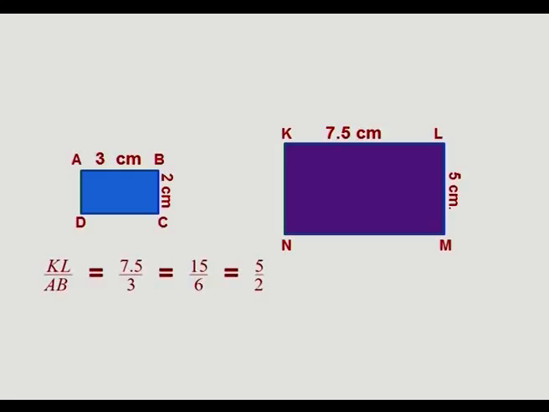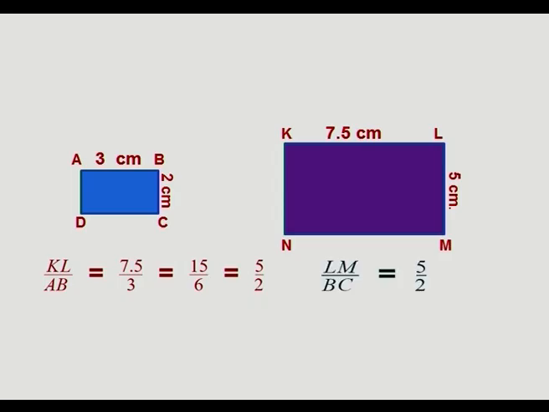Now, let us consider the two more rectangles which we are saying that they look similar. Let us take the ratio of the sides KL and AB. KL by AB is equal to 7.5 by 3, which is simplified to 5 by 2.